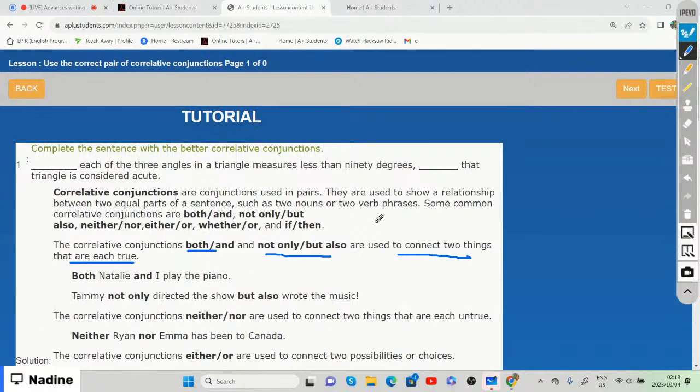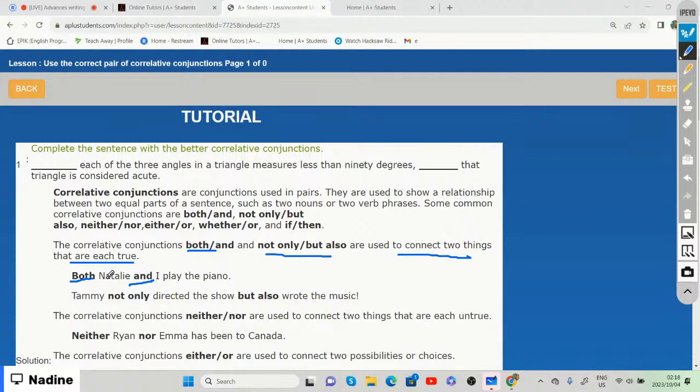And we made an example: both Natalie and I played the piano. So there we have both that shows the relationship, and there we have and that joins the two nouns.